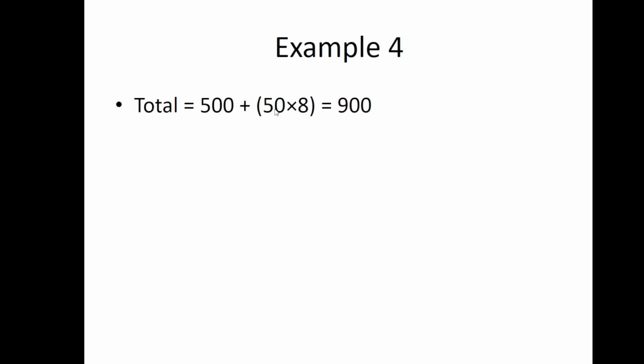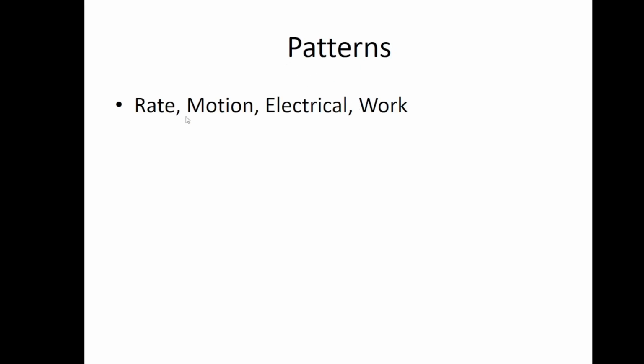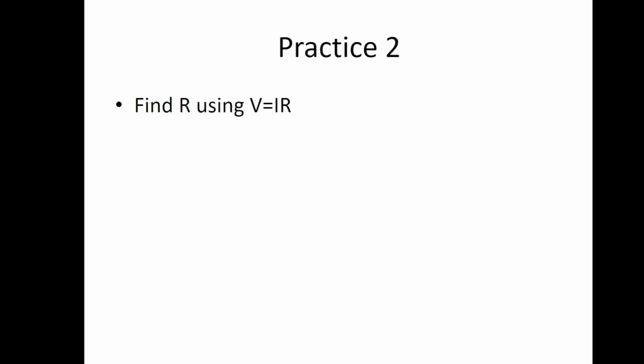So this will be 50 times 8, which is 400, and add 500, the total is 900. So the next is the pattern. Usually it's really about rate, motion, electrical work. Basically these are the common problems that will have this type of application for algebra. So I hope you will be more aware of the application of it in other types of problems.